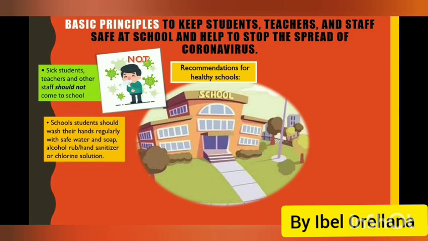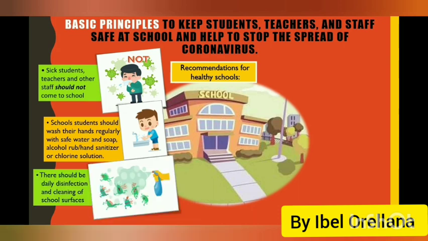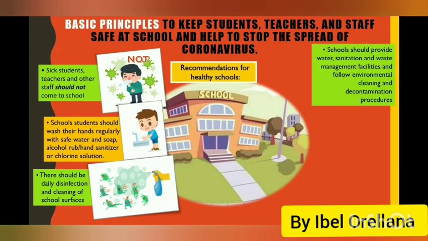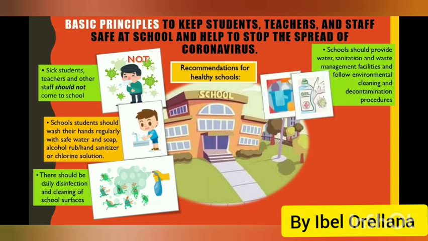School students should wash their hands regularly with safe water and soap, alcohol rub, hand sanitizer, or chlorine solution. There should be daily disinfections and clean up school surfaces. Schools should provide water, sanitation, and waste management facilities and follow environmental cleaning and decontamination procedures.